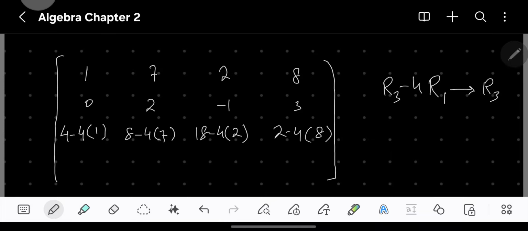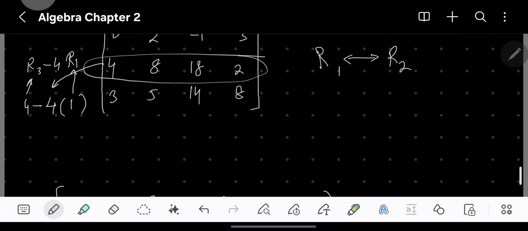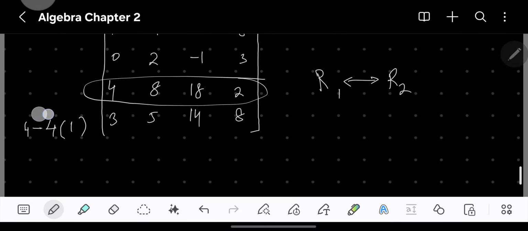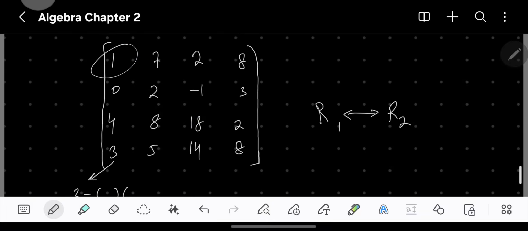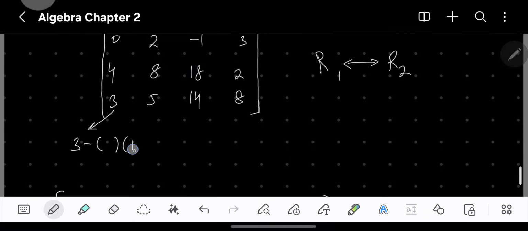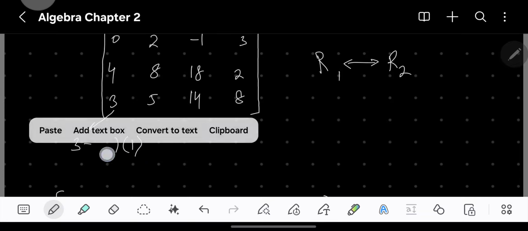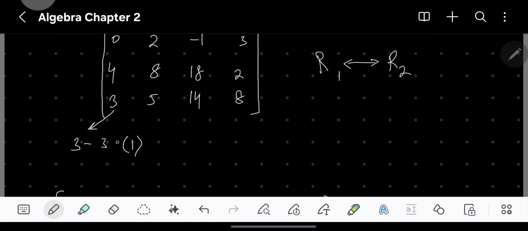Perfect. Now let's check what changes are needed for this row, because we have to make this 0 too. This element is 3 minus something times this element 1. What should be here? The obvious answer is 3.